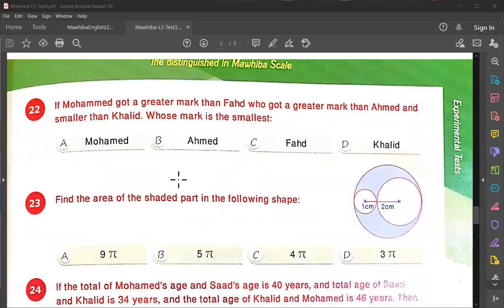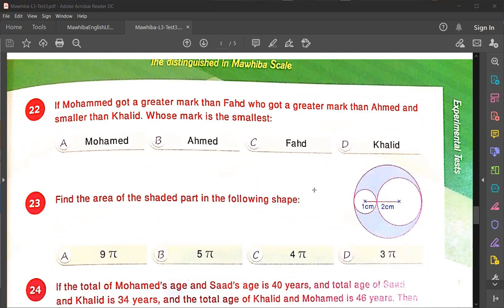Now, if Muhammad got a greater mark than Fahad, who got a greater mark than Ahmed and smaller than Khalid, whose mark is the smallest? We can draw here.